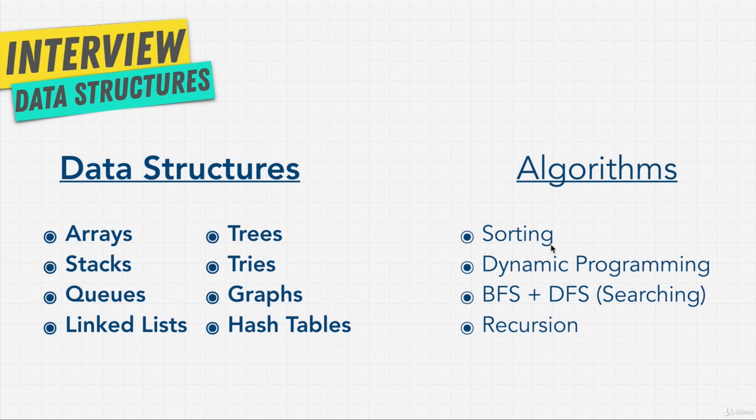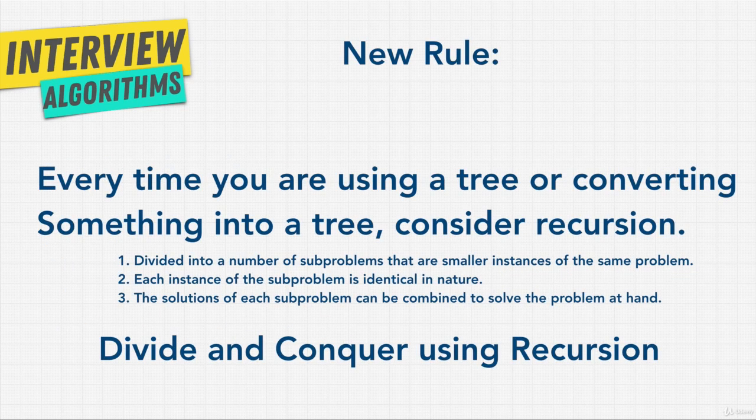And when it comes to recursion, these are the rules that I like to follow. Every time we're using a tree or converting something into a tree, consider recursion. And there's 3 key things in an interview question that might trigger a recursive solution.